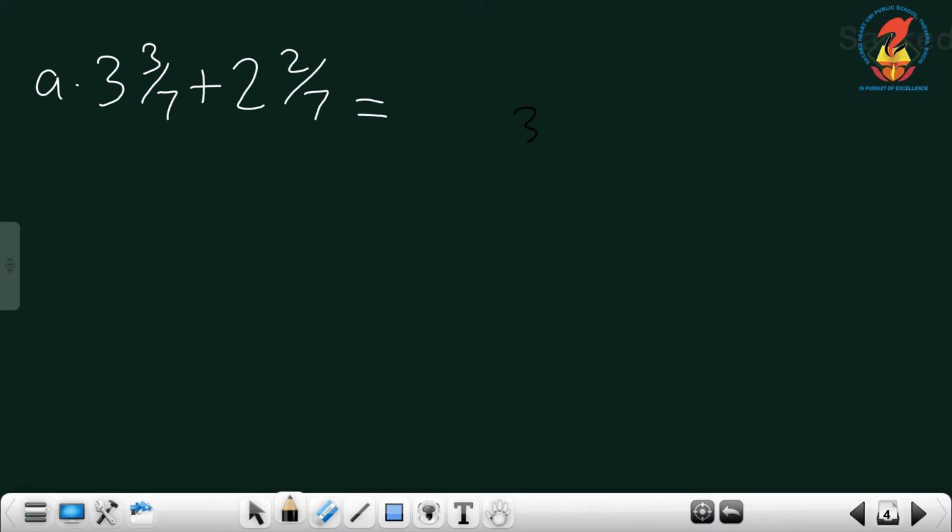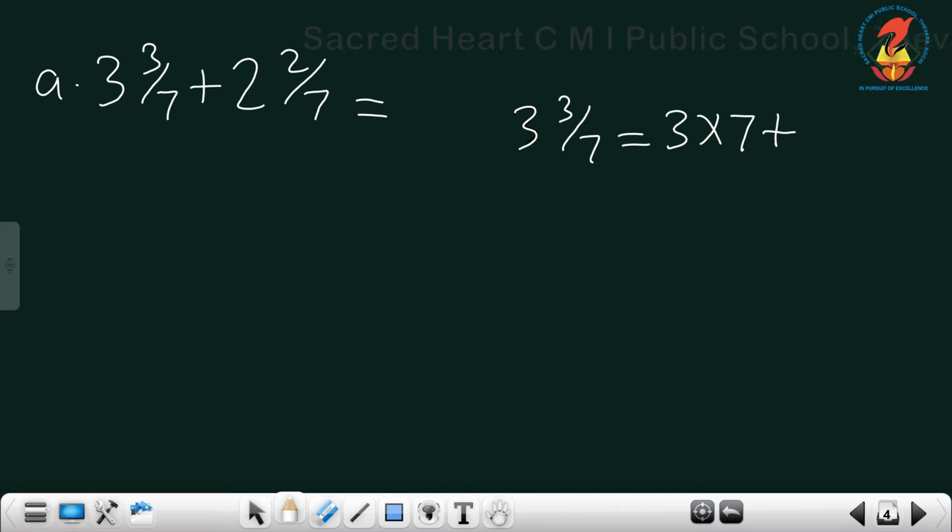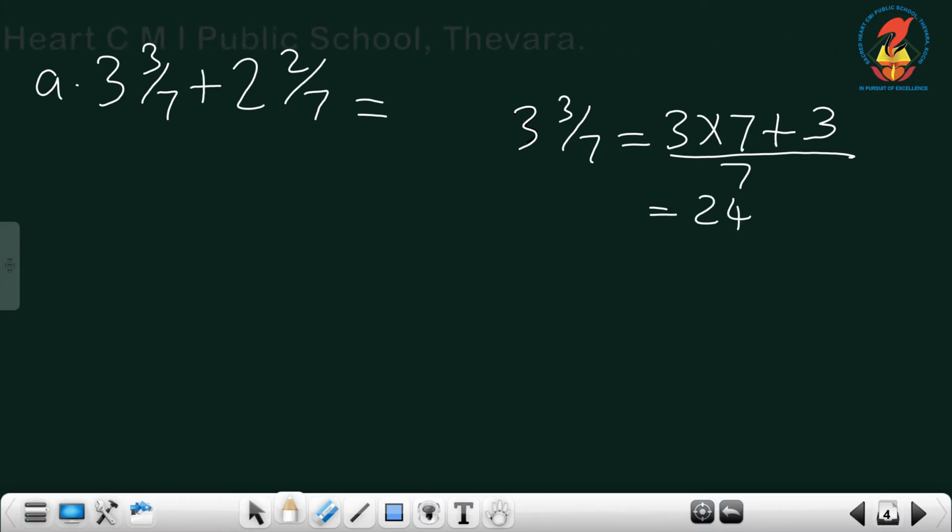3 and 3 by 7. How can we do this? Whole number into denominator plus numerator, that is the numerator, and the denominator is the same. 3 7s are 21, 21 plus 3 is 24 divided by 7.